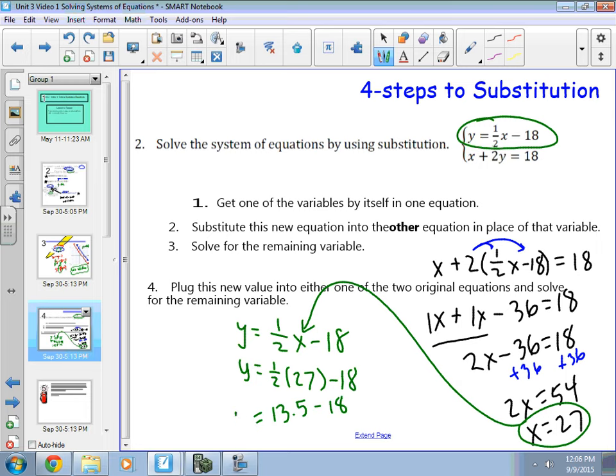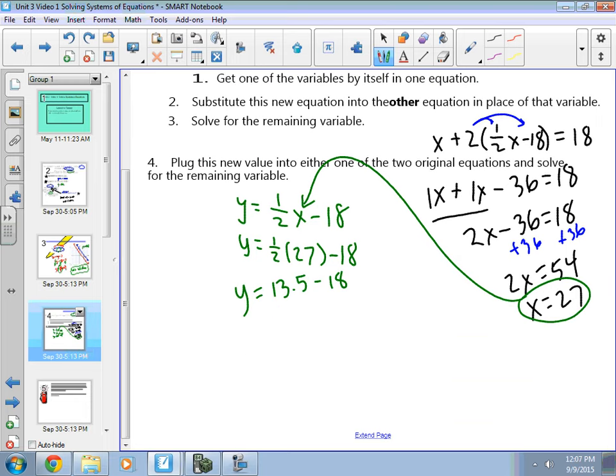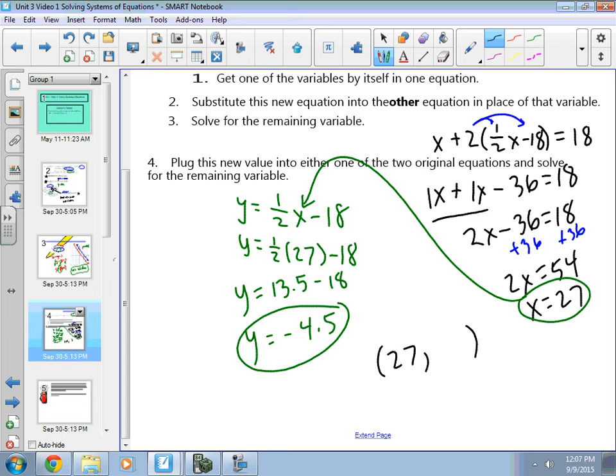And if we minus 18 from that, we get negative 4.5. Now we have y. Okay, so that's the solution. And you can circle both like that, or you can list it, because really it's a part of a graph, listed as an ordered pair. 27, negative 4.5 would be another way you could list your answer.